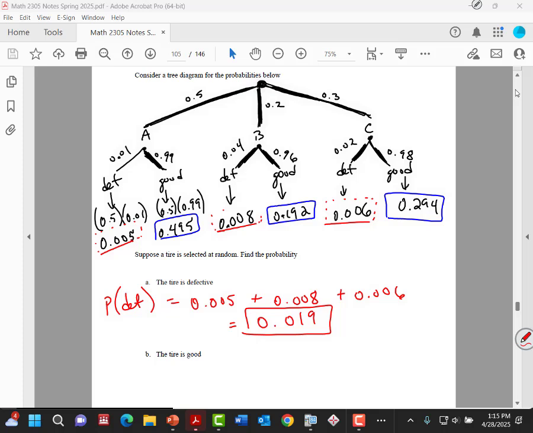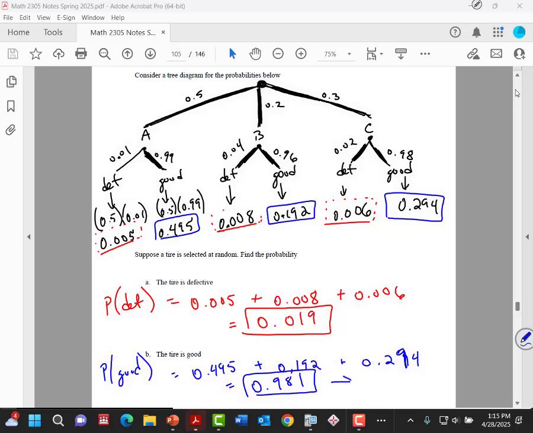Now, what's the probability that the tire is good? Well, this would be 0.495 plus 0.192 plus 0.294. If I sum up these right here, we would get 0.981. So what are we trying to say?